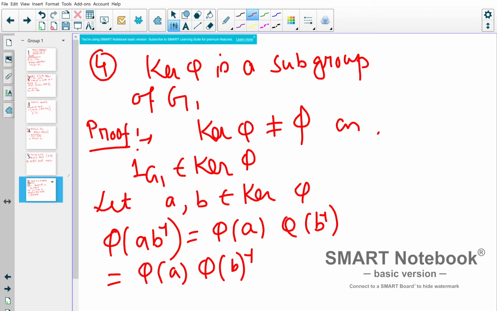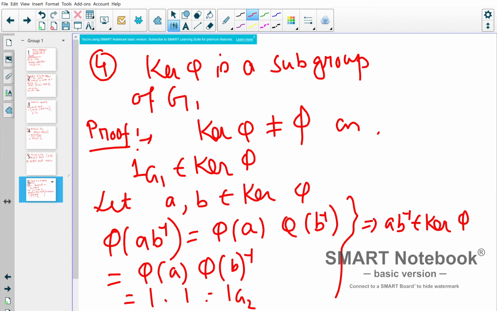But phi A is identity because A belongs to the kernel, so this is identity. This is also identity. Identity means identity of Z2, obviously. So this is identity of Z2, okay? And hence this implies that A B inverse is again an element of the kernel, and this proves that the kernel is a subgroup of G1.